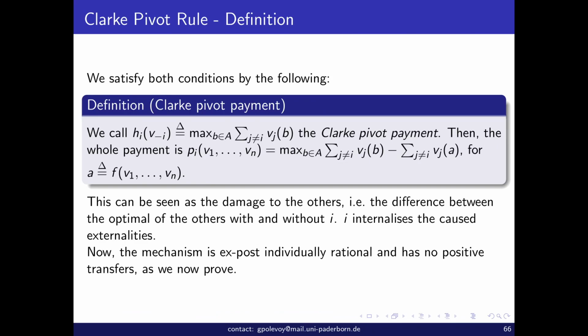You understand the truth. So the rule is that the HI is the sum of the values of the others, but not for the choice which optimizes the total value in the beginning, but rather for the choice which optimizes the total value of the others. It may be a different choice. So maybe with player I, there is one option which maximizes the total value.